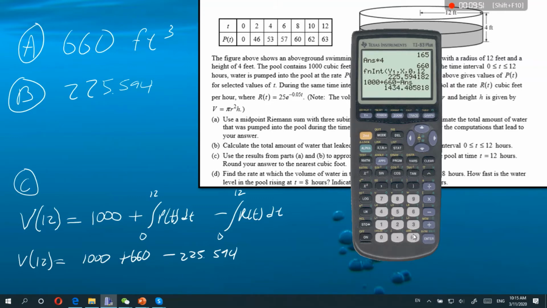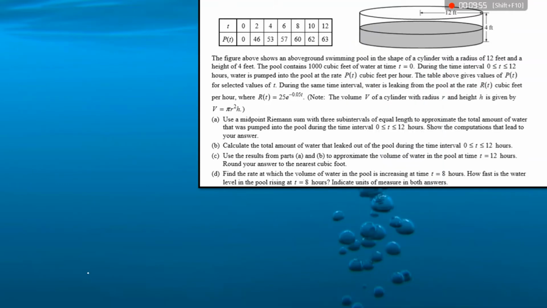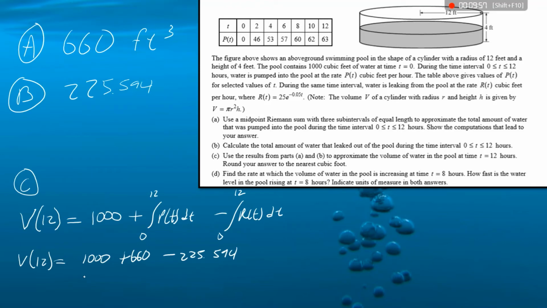1,000 plus 660 minus 225.594 is 1434.406. And what are my units? Cubic feet. Cubic feet of water, and what does this water represent?